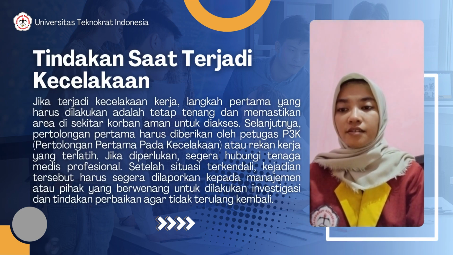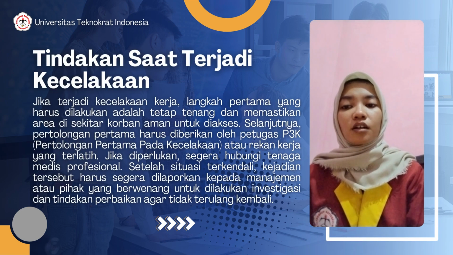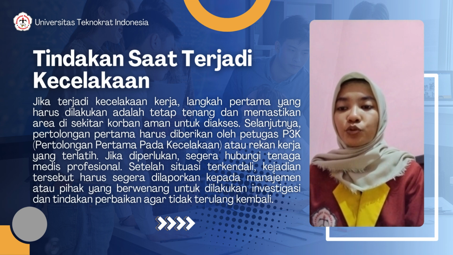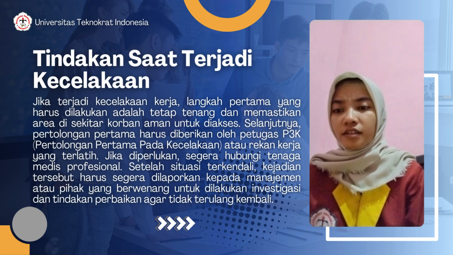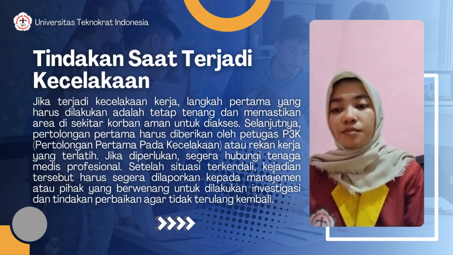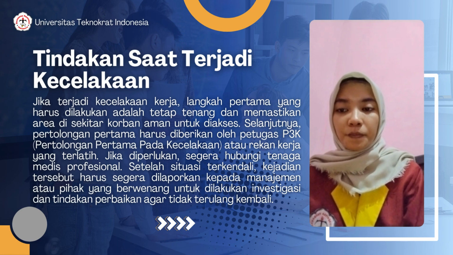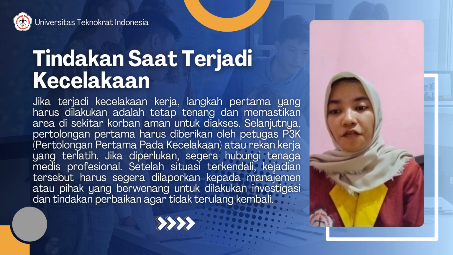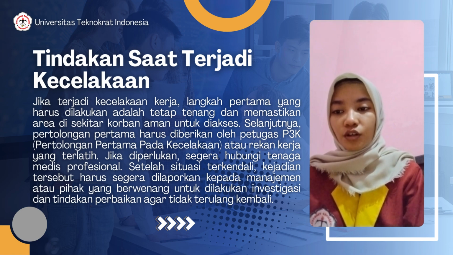Action during an accident. If a work accident occurs, the first step to take is to remain calm and ensure that the area around the victim is safe to access. Next, first aid must be given by a P3K first aid officer or a trained co-worker.